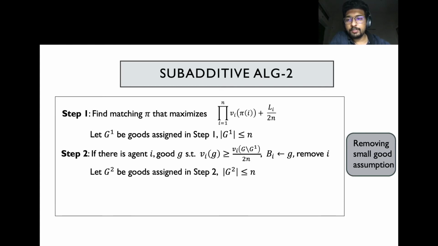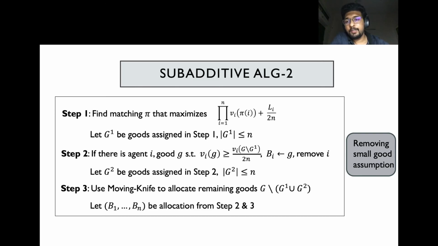Let G2 denote the goods assigned in step 2, and note again that this matching also would be of size at most n. Now, using the moving knife procedure, we can allocate the remaining goods, that is G minus G1 union G2, to obtain the final bundle, which is Bi union pi(i).